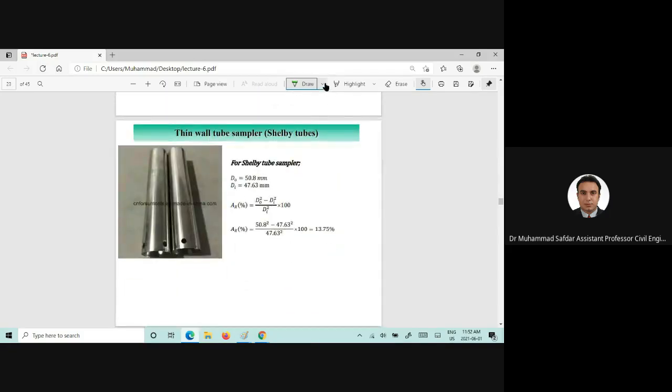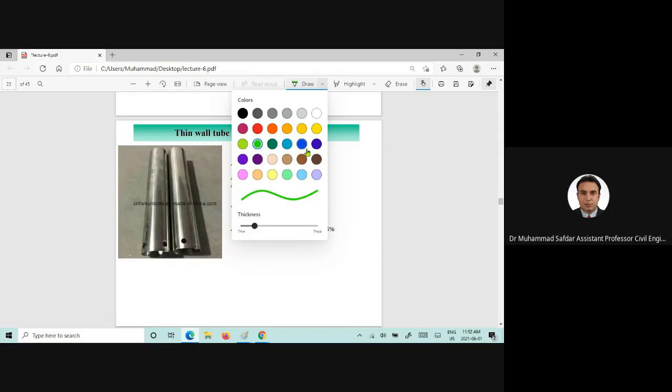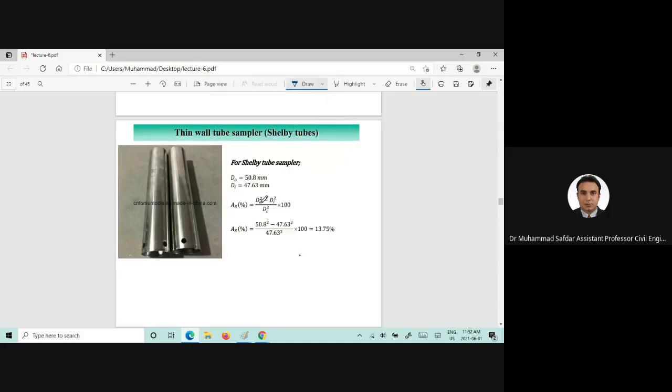However, if we see here, if we use Shelby tubes, and these Shelby tubes are used in soft clays in order to collect samples in these types of clays, and you can clearly see the outside diameter and the inside diameter, and the thickness is very small compared to the standard split spoon sampler.